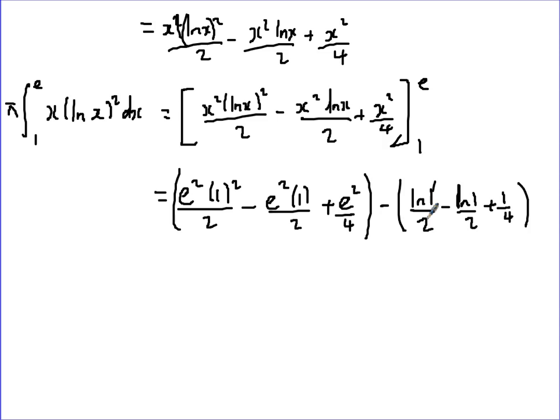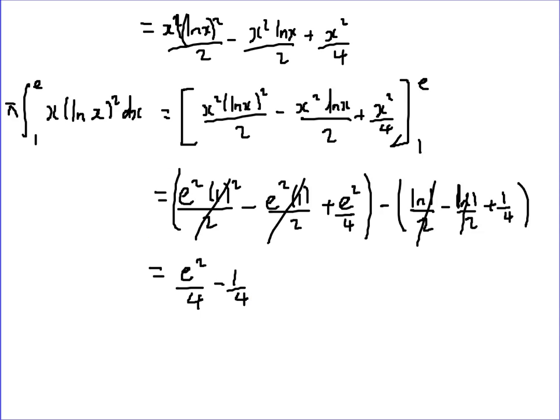Well, the ln 1 over 2 and the ln 1 over 2 cancel. So we've then got e squared over 2 minus e squared over 2. So we then get e squared over 4 minus 1/4.